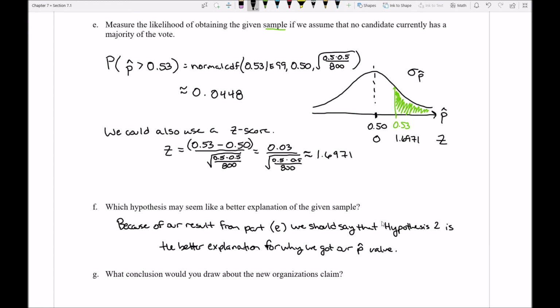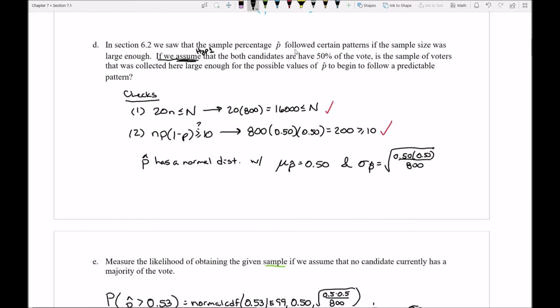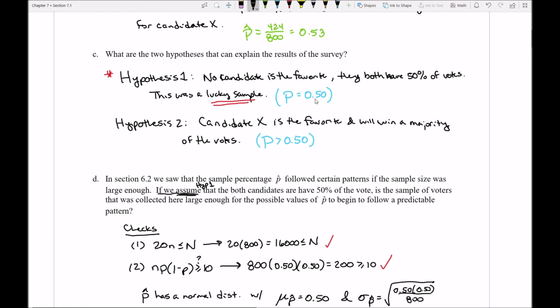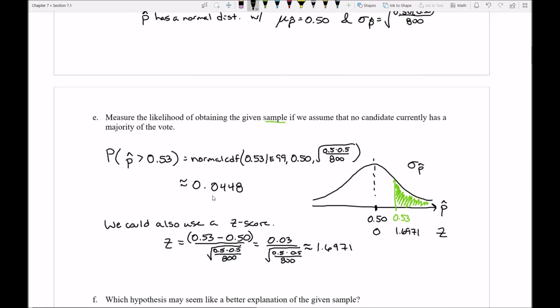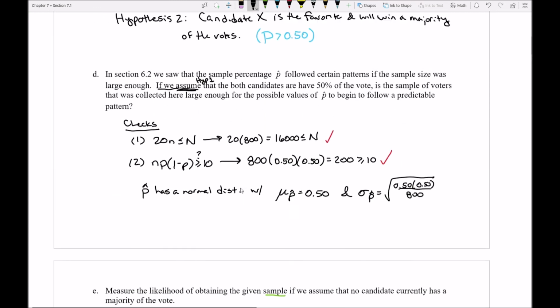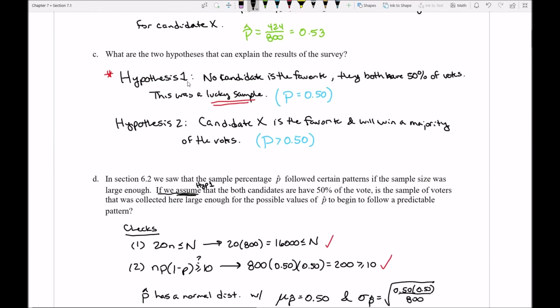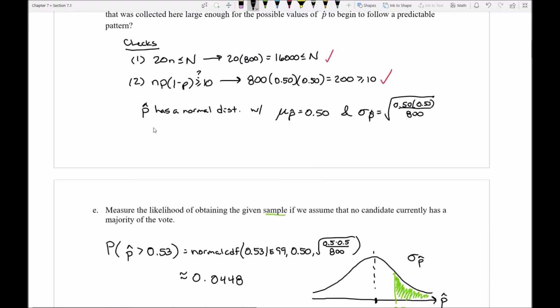Because again, just recapping one more time, if I say that the real percentage for p is this 0.50, then the chances of getting this by just dumb luck is pretty rare. It's hard to be that lucky. This doesn't seem like the best explanation. So we try on this first hypothesis, it doesn't fit well, and so we ditch it and go with hypothesis number 2.